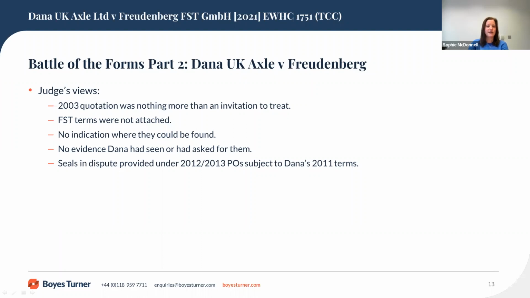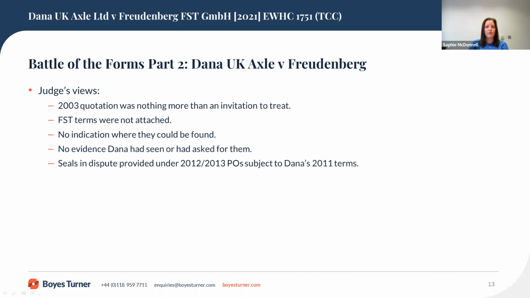Viewed objectively, the 2003 purchase order represented a formal offer to purchase, which was accepted by conduct when FST delivered the seals. In relation to the 2012 purchase order, it made it clear that the 2011 Dana terms applied. The judge found that it amounted to an offer by Dana to contract with FST on the updated terms. FST acknowledged receipt and acknowledged that a new order number would be referenced on all future delivery notes and orders.